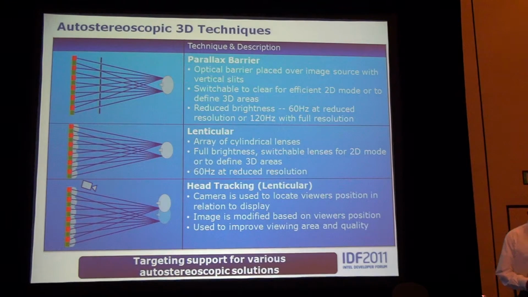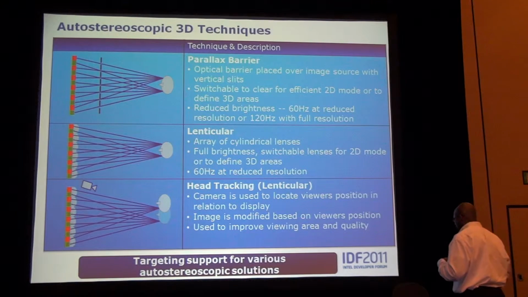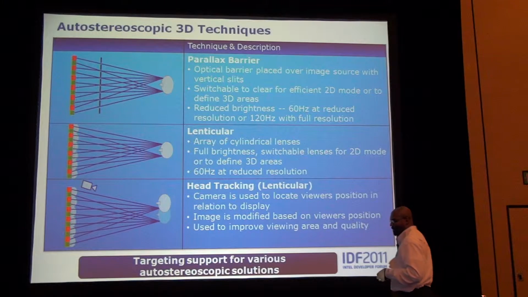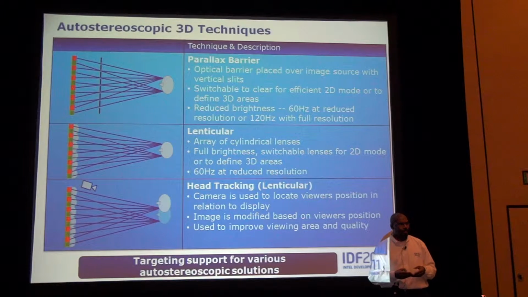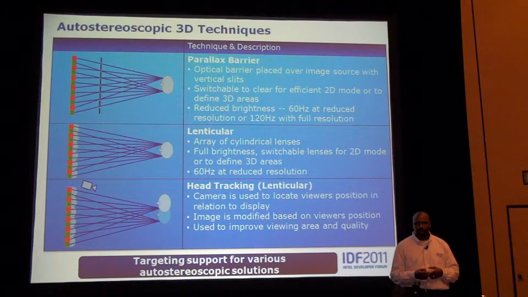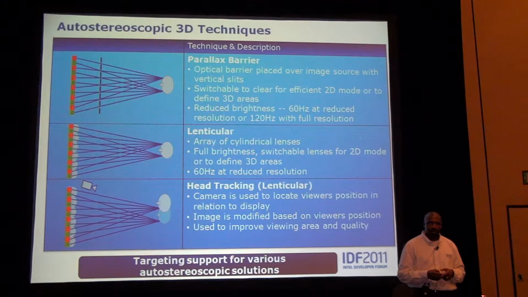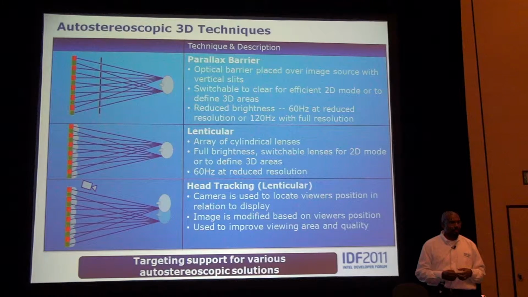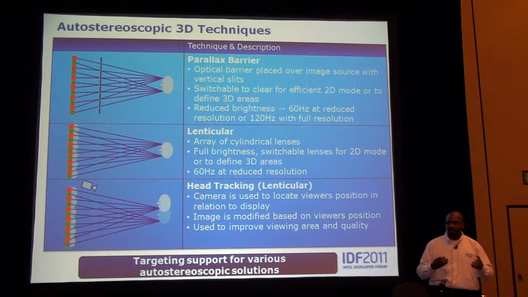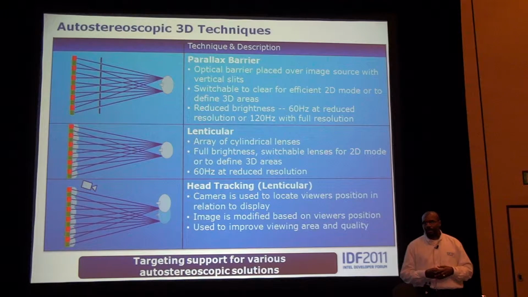Okay. So now moving on to auto stereo. This slide talks a little bit about some of the technologies around auto stereo that we see out there in the marketplace now. Parallax barrier is a barrier put on top of the screen to present the left and the right eye viewing angles.